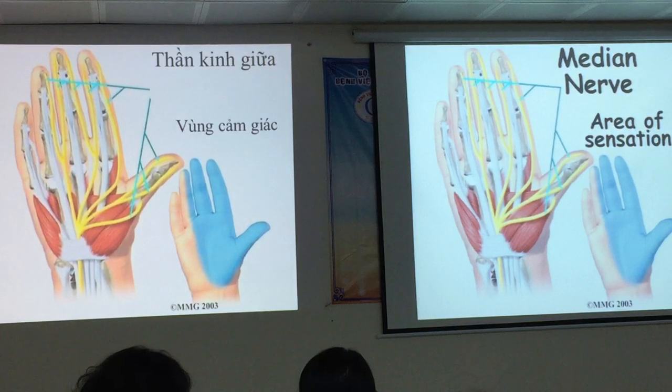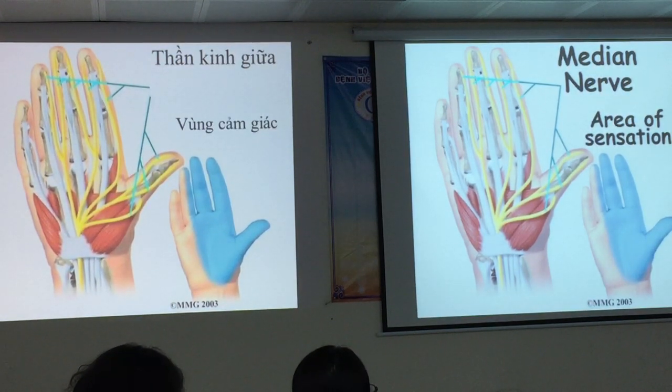And they get neural distributions or numbness or tingling in this aspect of the hand. But this is quite variable because everyone's nerves supply slightly different parts of the hand. So this is more the classical presentation for carpal tunnel.